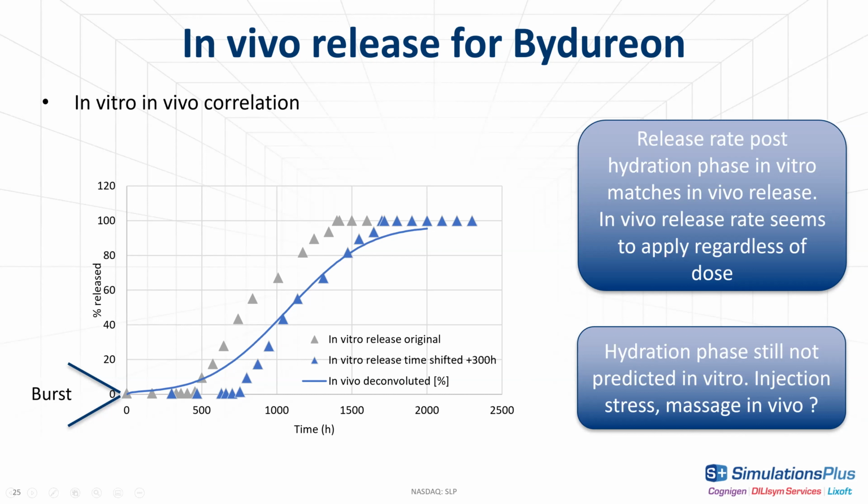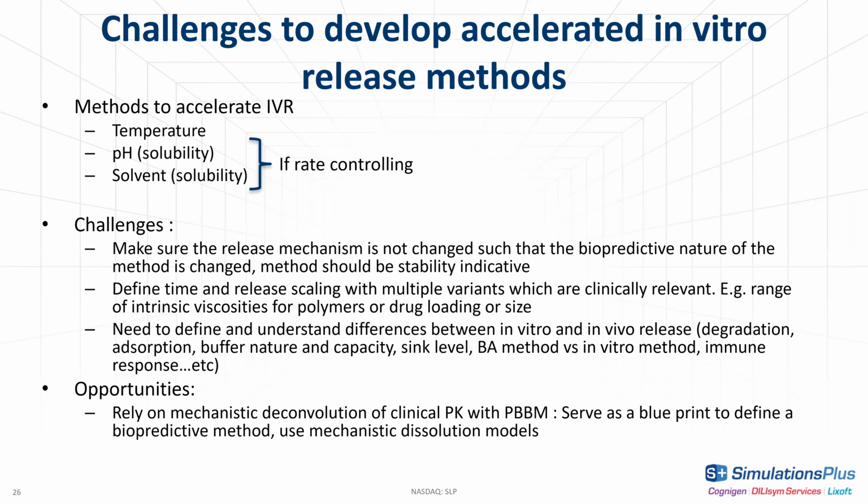So in terms of challenges for developing an accelerated method, we started that discussion this morning, but there are different methods to accelerate in vitro release. You can play on the temperature, which will change things if you move closer to the Tg of your polymer; that will speed up the diffusion coefficient and plasticize a little bit. You shouldn't go beyond the Tg because you may change the release mechanism.